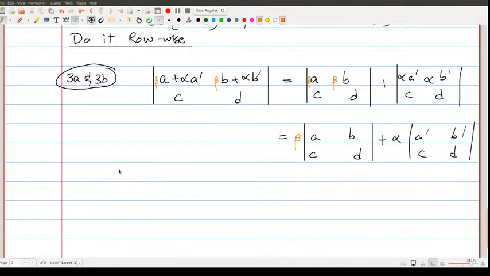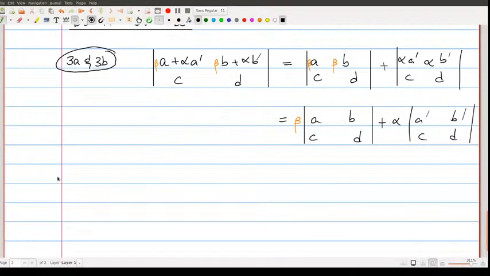What's next? The next property, property number 4, is that if A has two equal rows, then the determinant of A is equal to 0.